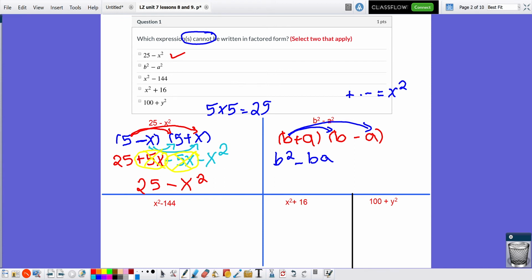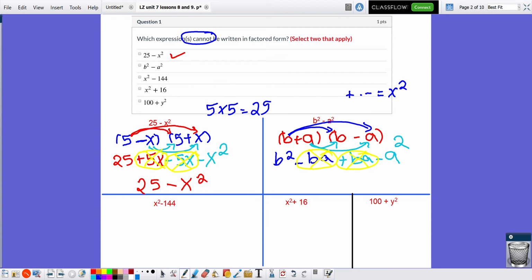And I will multiply these two and these two. A times b, positive, positive, is positive ba. And a times negative a is negative a squared. So on this one, you can also see that negative ba and positive ba will cancel.